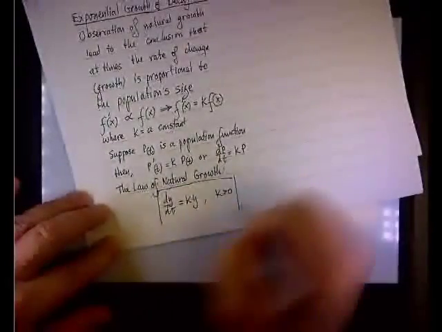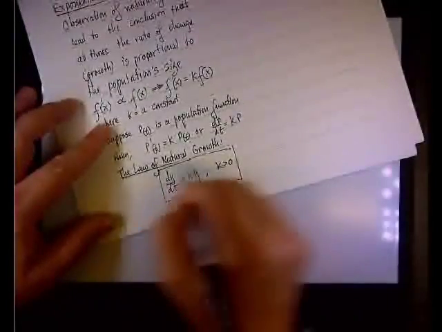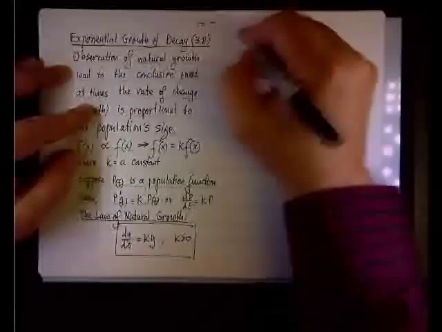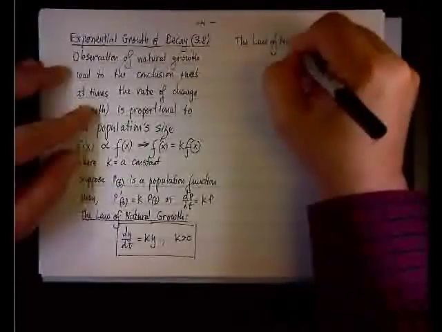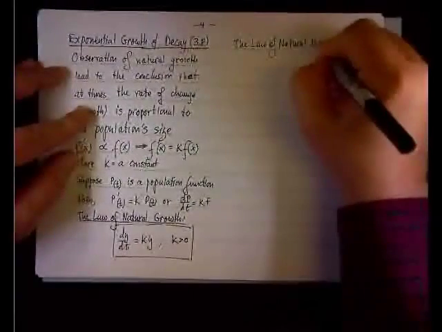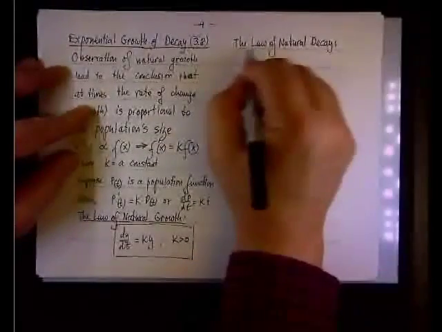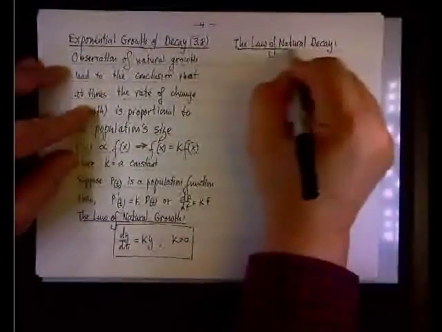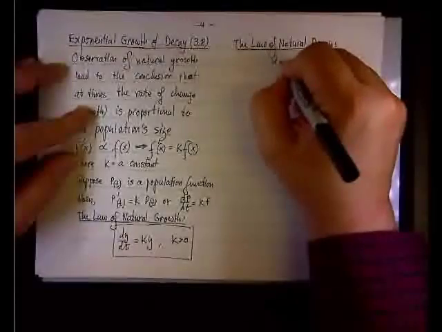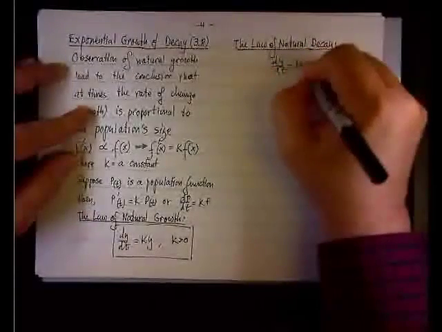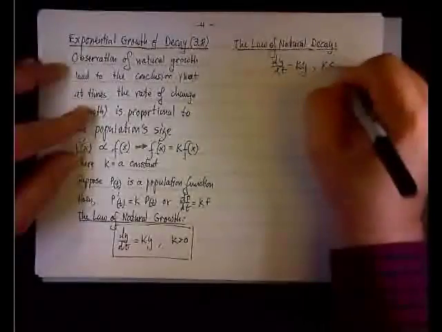Same thing, we can say the law of natural decay will be the same, except we'll assign a negative value for k. We're going to say that the rate dy/dt still equals ky, but k, the constant, will be negative.